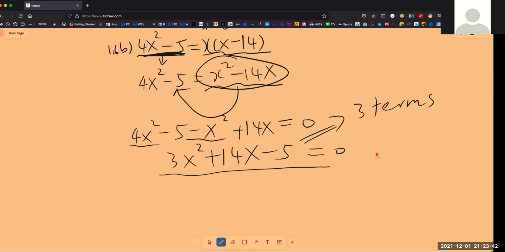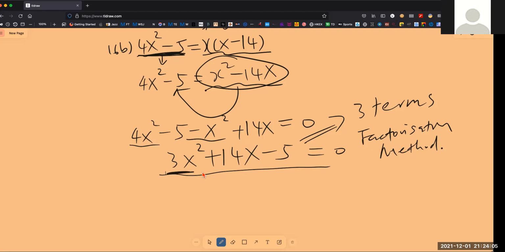Exactly. You see, they keep testing you this. When you see 3 terms, and it's x squared, you just think of the factorization method. It's very methodical. You just have to make use of the method, and it's very straightforward.